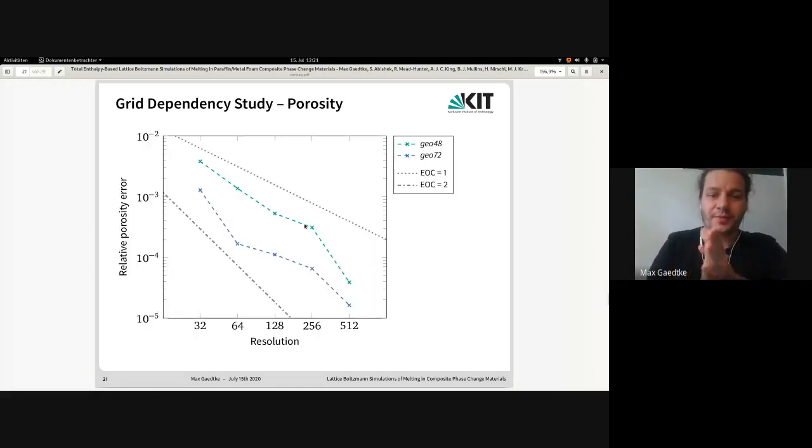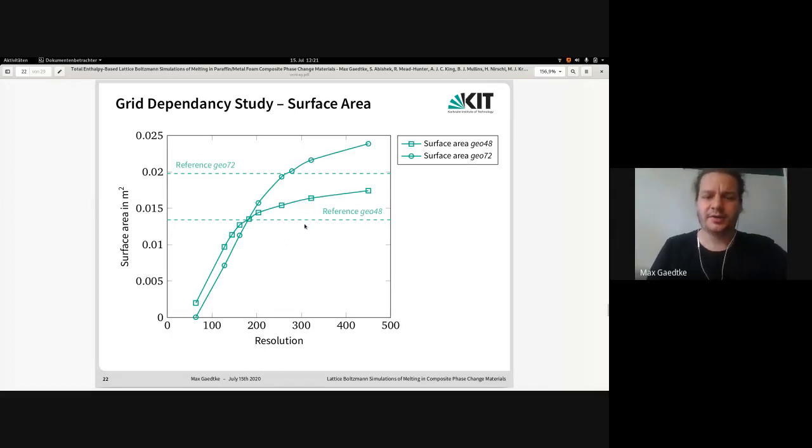So looking at the pore distribution and the porosity, we found that our meshing converges. So the porosity went to the reference value quite well when we used finer resolutions. We didn't see that for the surface area though.